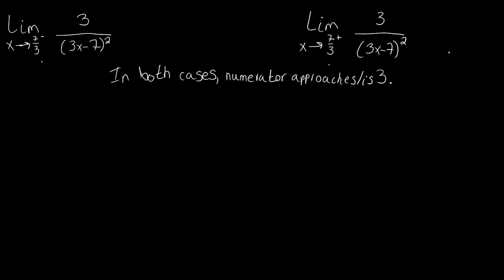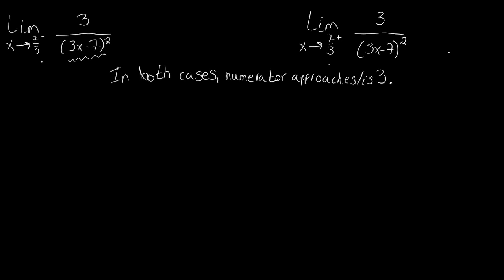But now let's look at the denominator. Let's look at our first instance over here as x approaches 7/3 from the left. In our denominator, if we plug in anything less than 7/3, which is what we're going to end up doing as x approaches 7/3 from the left, we're going to get inside of this parentheses a negative difference, simply because there's no number less than 7/3 that's going to give us a positive difference there.